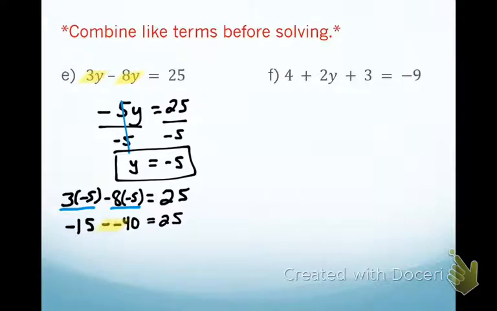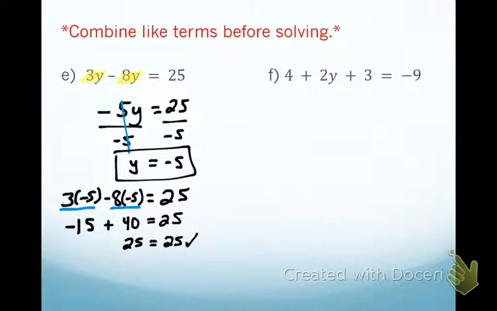A double negative. What happens to a double negative? It becomes a positive. So now we know, drop down your equal sign, this 25 has to come down right here. And let's work from left to right. Same sign or different sign? Different signs. Subtract and take. All right. The correct answer is 25 equals 25.